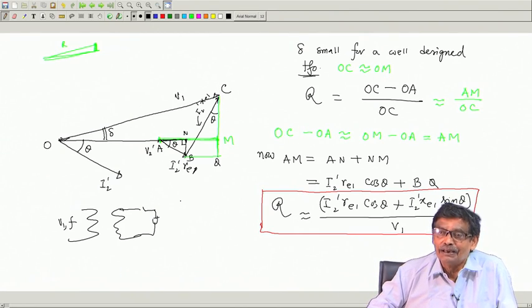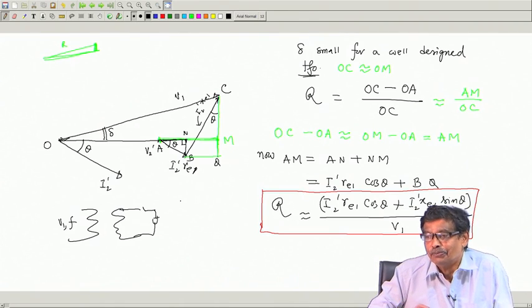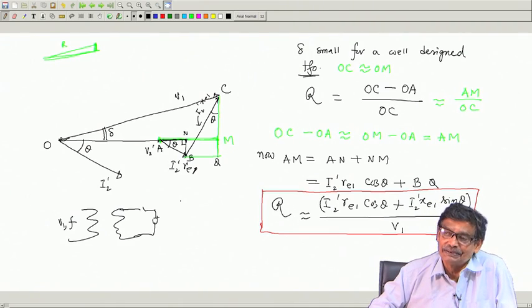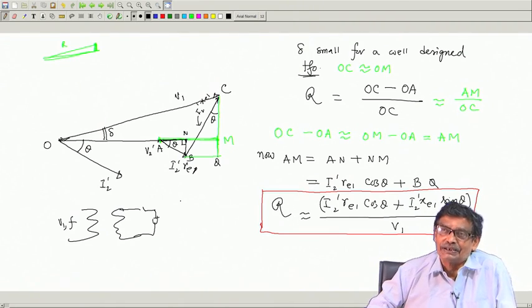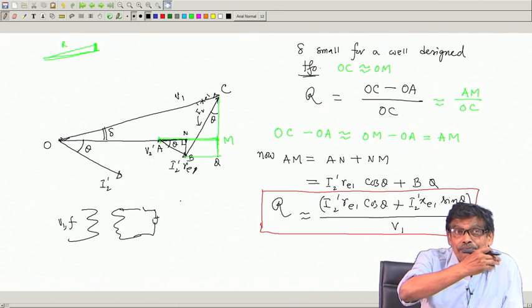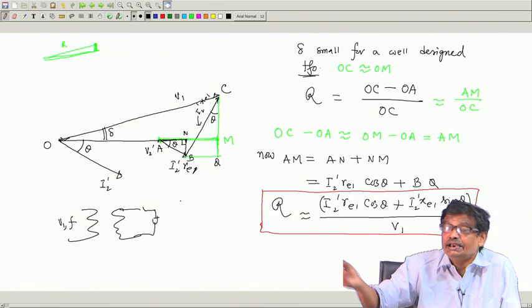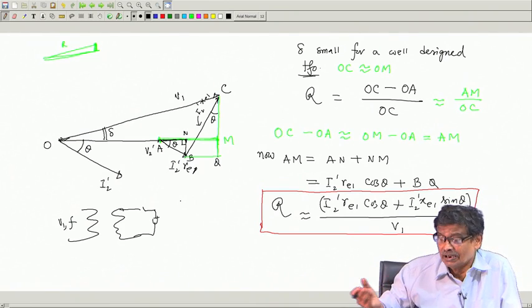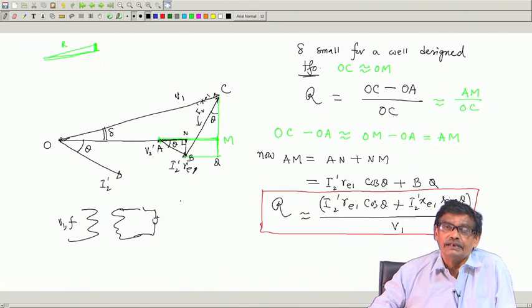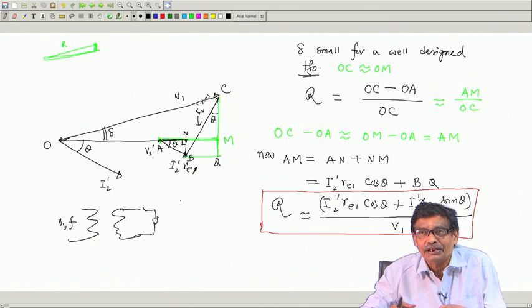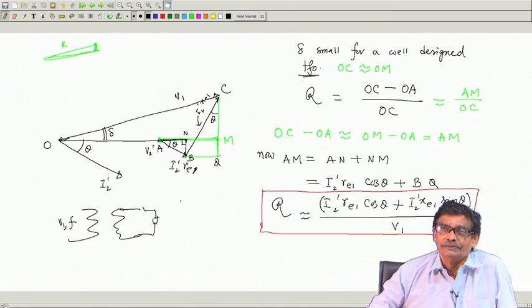That is not available. For example, a distribution transformer which is 200 kVA and it caters power to various consumers, totaling 200 kVA. Can you imagine that load in your lab? No.